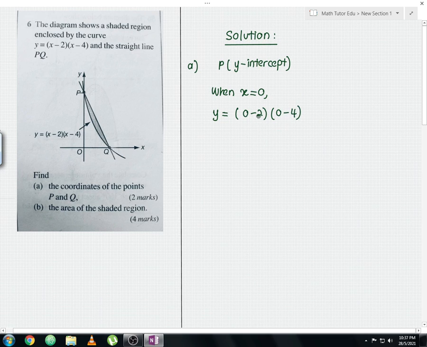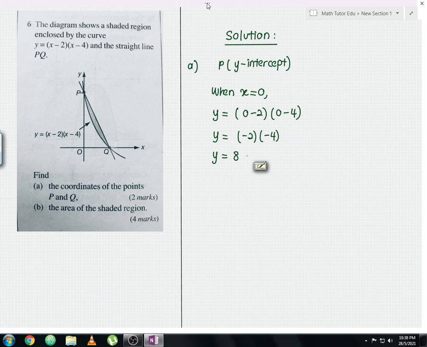So 0 minus 2 you get is negative 2, 0 minus 4 you get is negative 4. So y will be equal to negative 2 times negative 4. So negative 2 times negative 4, you get y equals 8. So we know that our y-intercept is equal to 8.